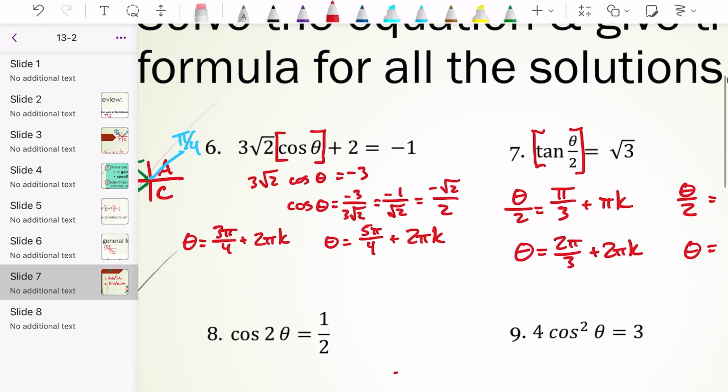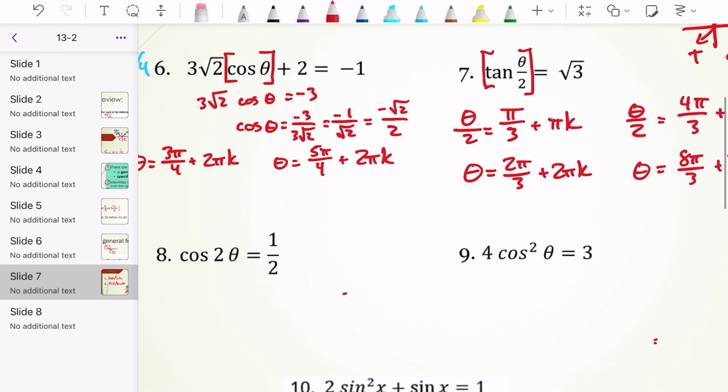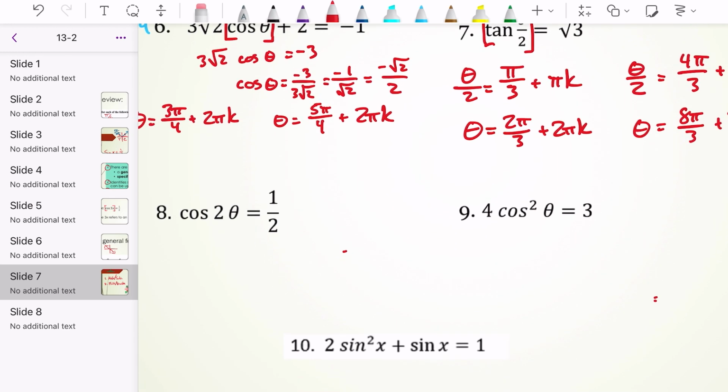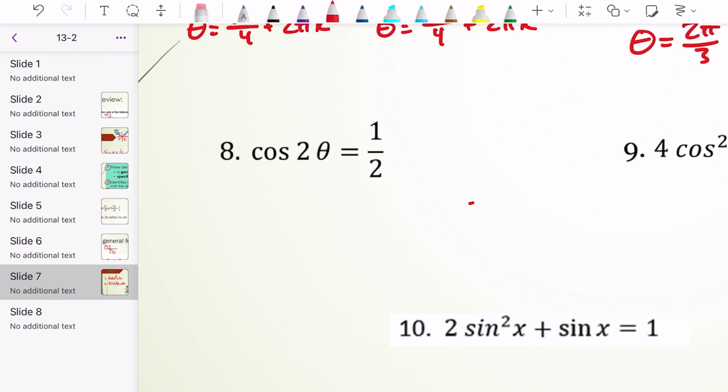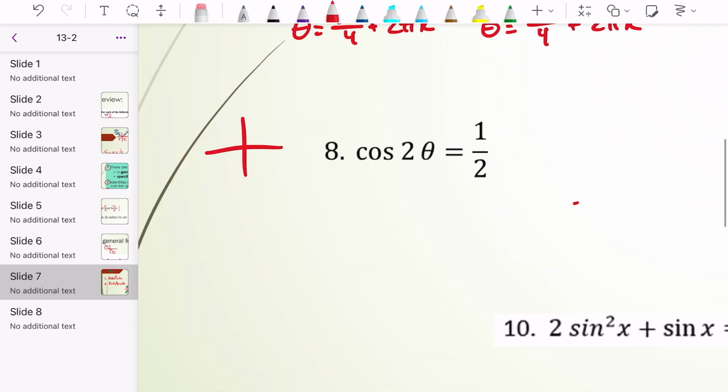Let's go ahead and take a look at number 8. In this case, it's the same scenario as in number 7. The only difference is that rather than having theta divided by 2, we have 2 theta. We're going to go ahead and find where cosine would be equal to 1/2. In this case, we know that all students take calculus, and we're looking for a positive number, which means first and fourth quadrant.